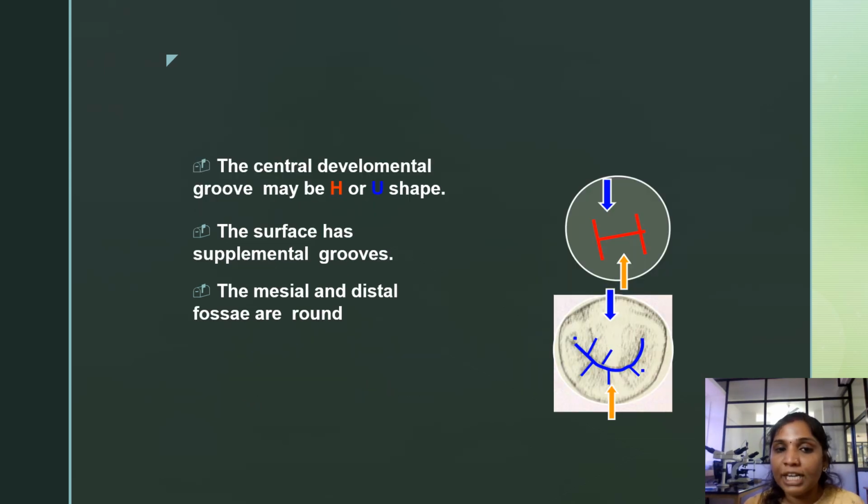In the 2 cusp type, the central developmental groove may be H or U shaped. This surface has many supplemental grooves, and the mesial and distal fossae are round in shape compared to the triangular shape in other teeth.